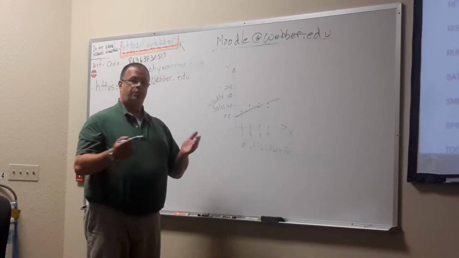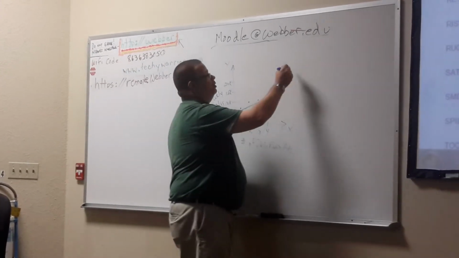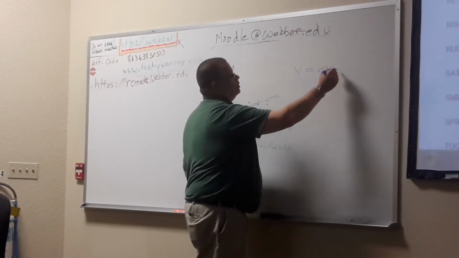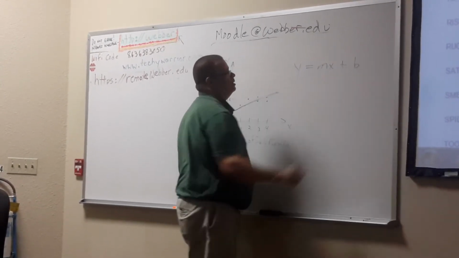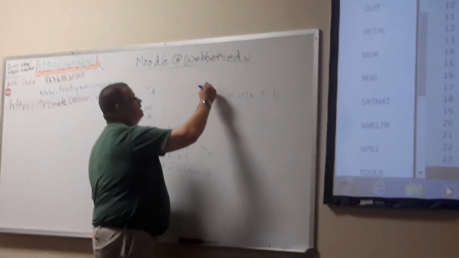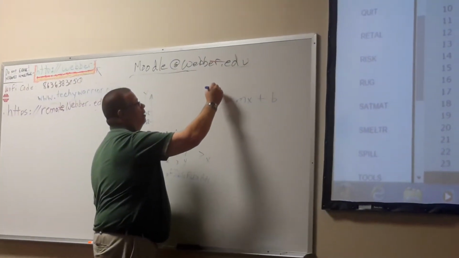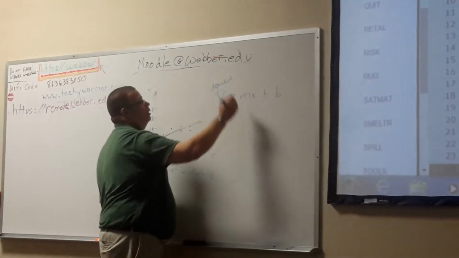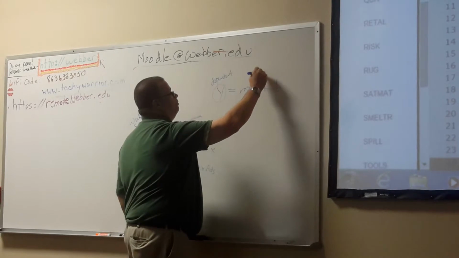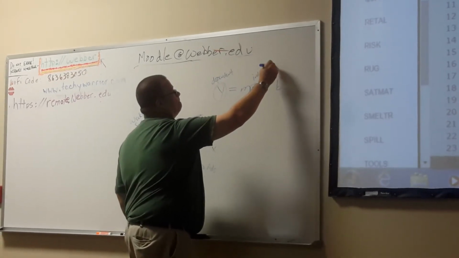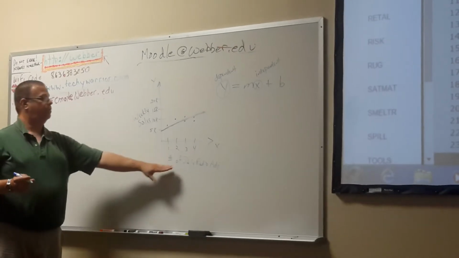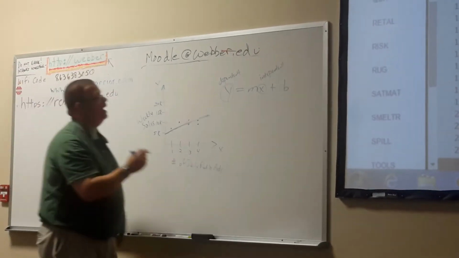So you may well remember that the formula for a straight line is y equals mx plus b, where y is our dependent variable, x represents our independent variable, and in this case, y is the weekly sales, x is the number of radio ads.